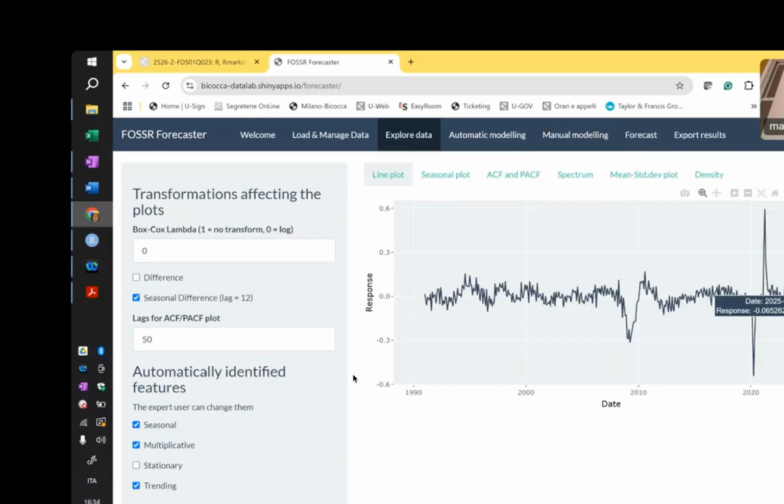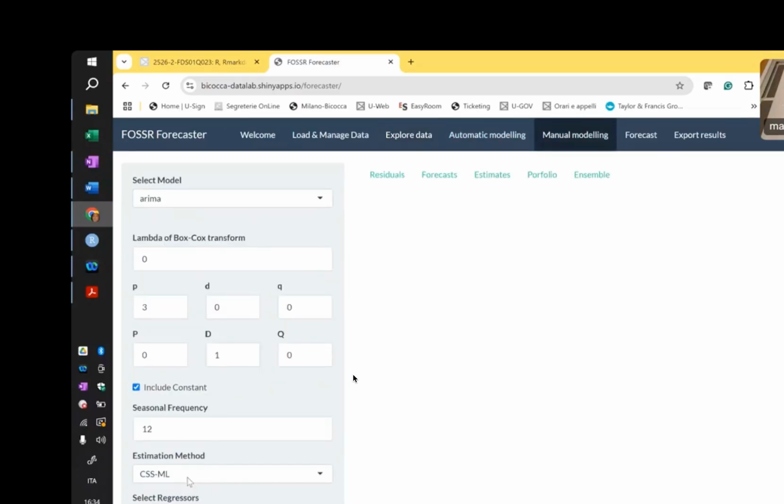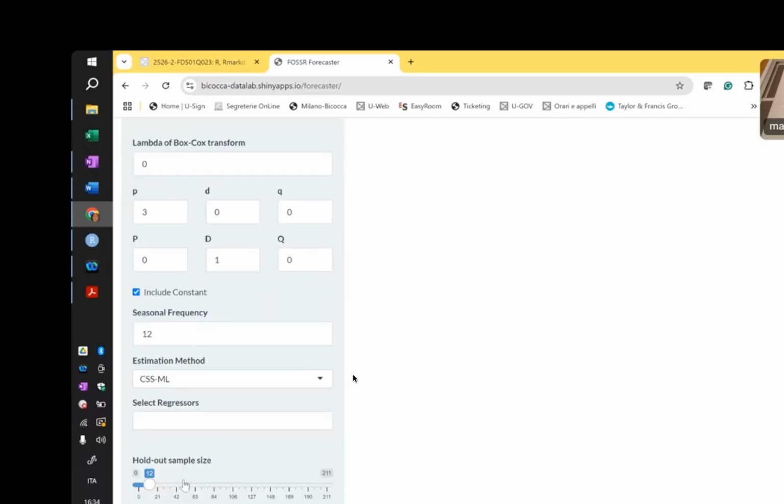So if you want to get rid of COVID, maybe we can leave 4 years off, or maybe 5 years off. Well, of course, predicting 5 years ahead is pretty complicated. So don't expect great results. So 5 years are 60 observations, right? Yeah.